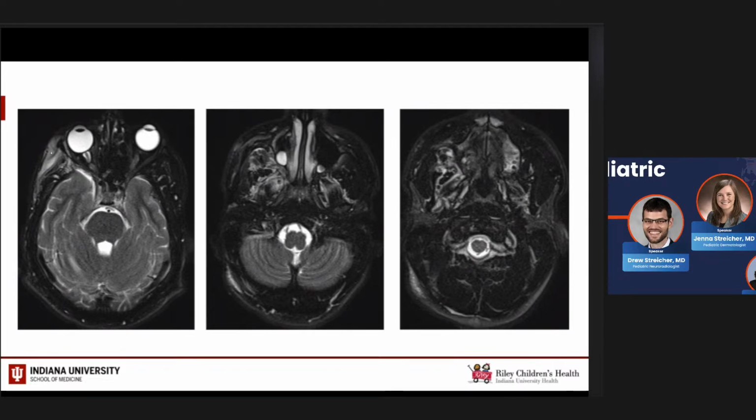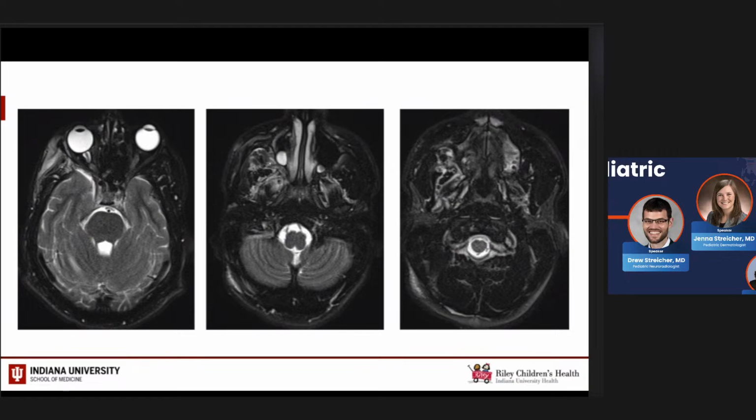We can see, just lateral to the greater wing of the sphenoid in the soft tissues, this infiltrative appearing T2 hyperintense lesion lateral to the orbit involving the temporalis muscles, the suprazygomatic masticator space. That is suspicious for a plexiform neurofibroma. In the middle image, there's greater than expected T2 signal within the right masticator space.